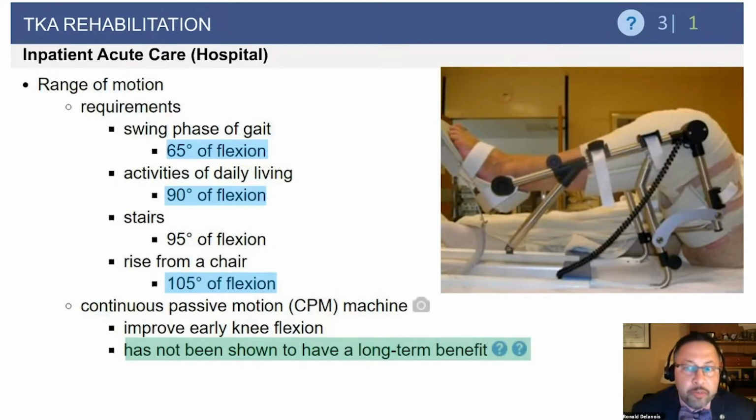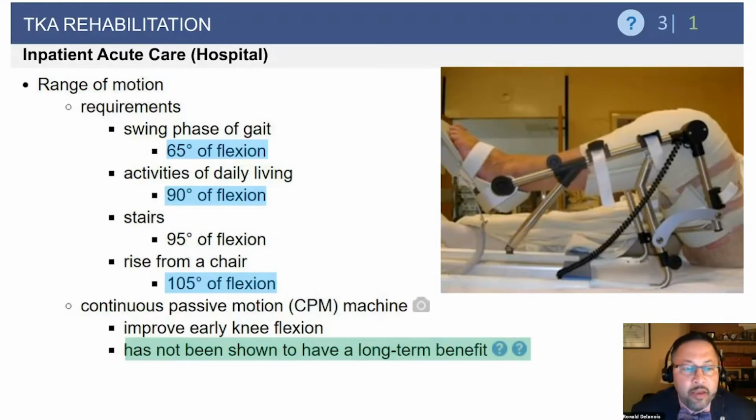As we all know, range of motion is important following the total knee arthroplasty. The things that you should know are those highlighted in blue. During swing phase, it's considered 65 degrees for normal swing phase. Activities of daily living, minimum of 90 degrees, though that's debatable, but 90 degrees is the answer if asked.